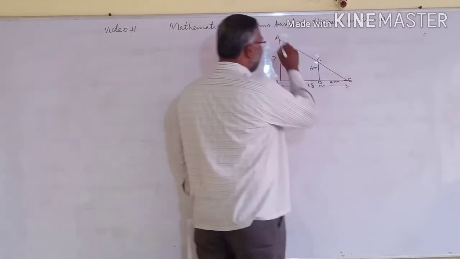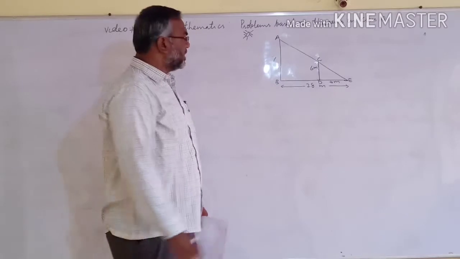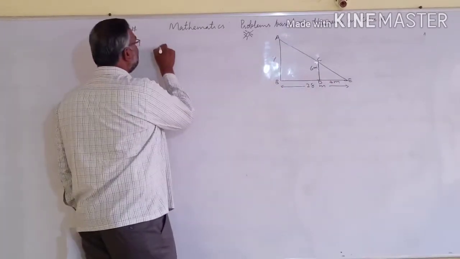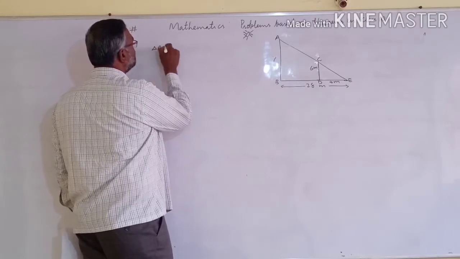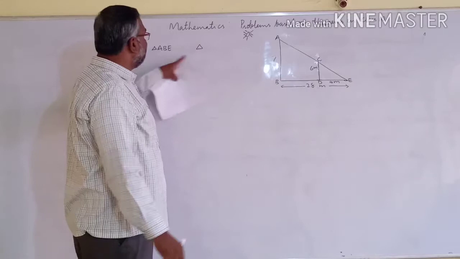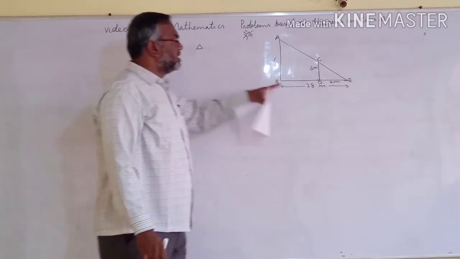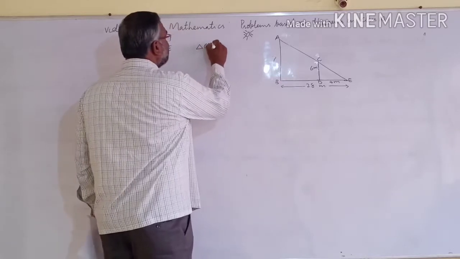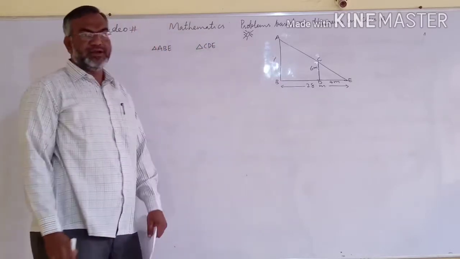Now, we have two triangles here: triangle ABE and triangle CDE. The triangles are similar.